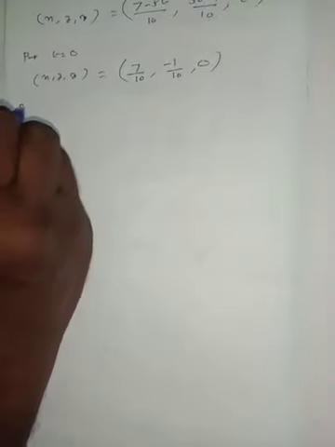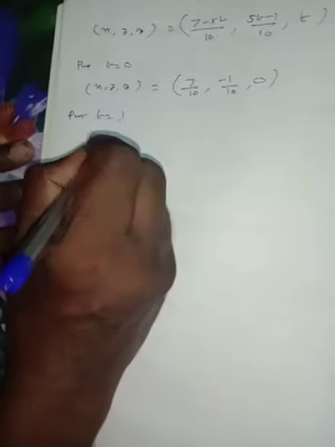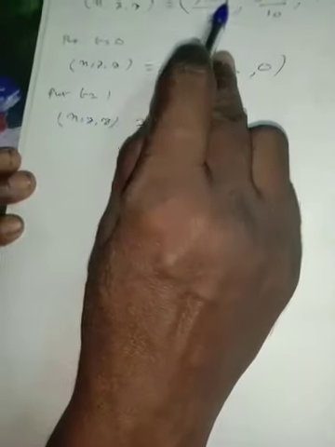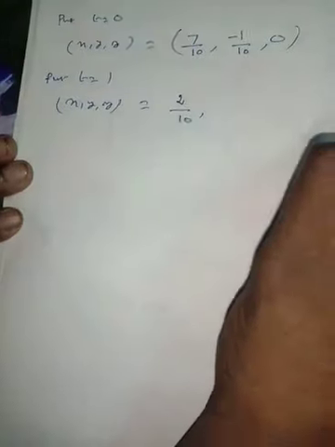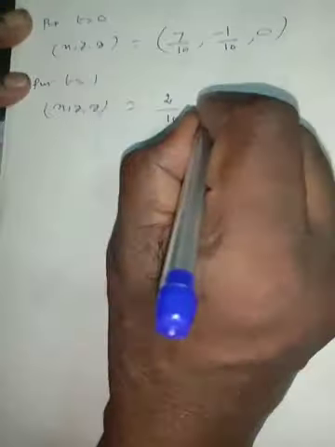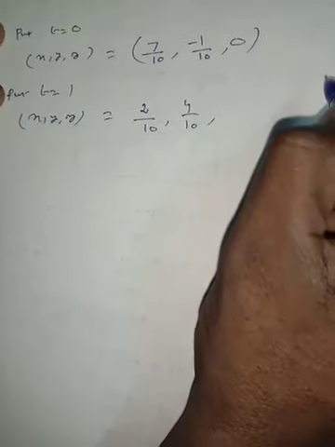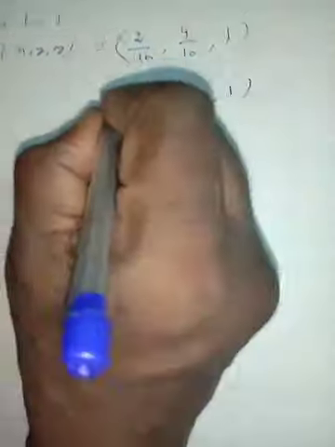Put t is equal to 1, x, y, z is equal to 7 minus 5, so 2 by 10, comma, 4 by 10, comma, 1. This means 1 by 5, comma, 2 by 5, comma, 1.